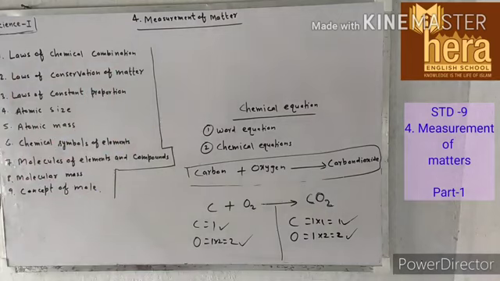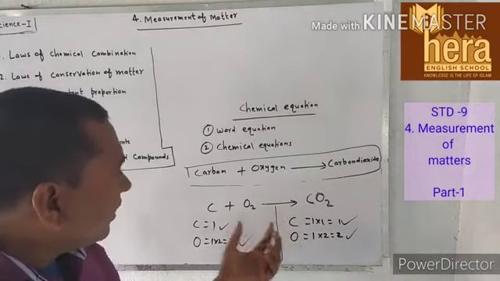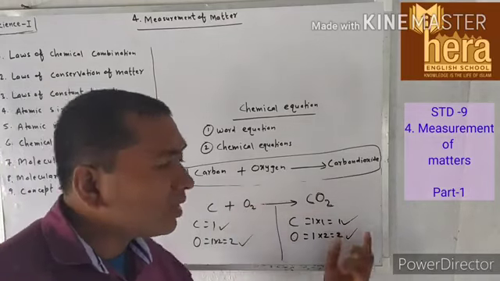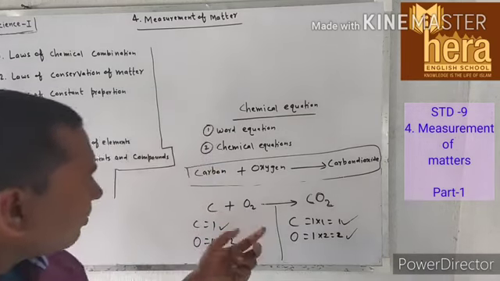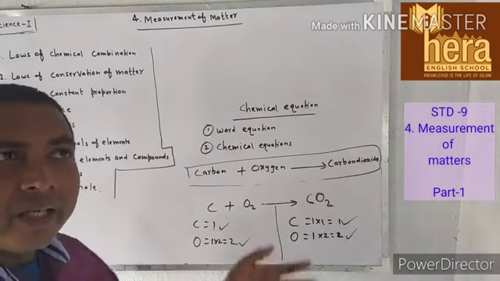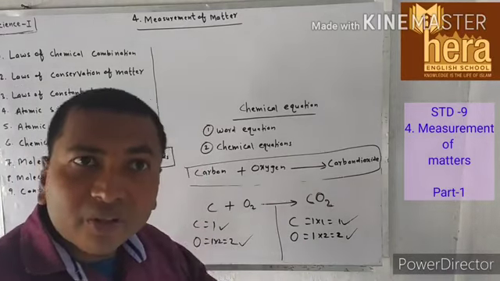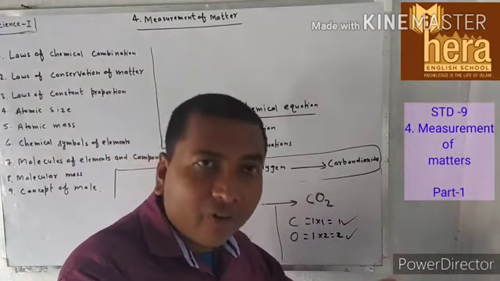The law of chemical combination is that the total number of atoms in the reactant is equal to the total number of atoms in the product. It means the number of atoms taking part in any chemical reaction is equal to the number of atoms in the product formed.